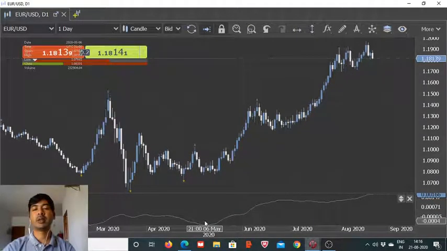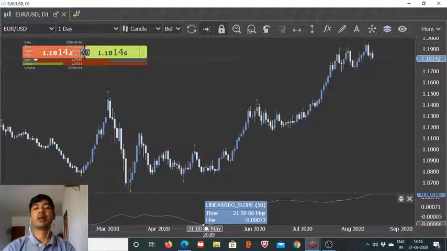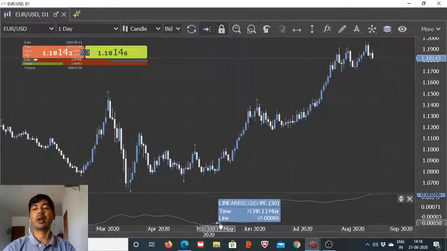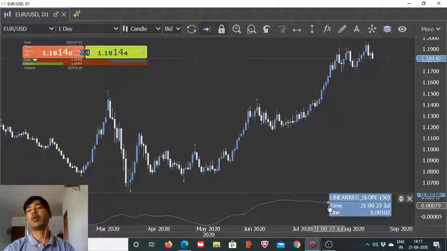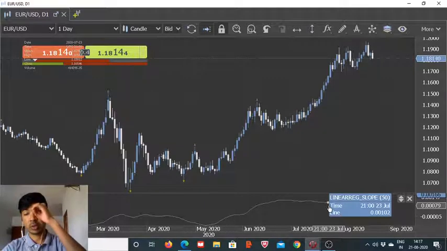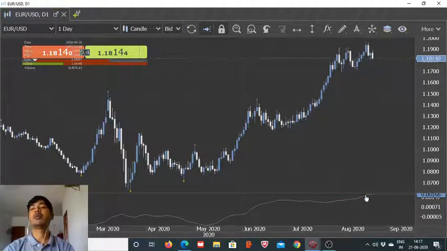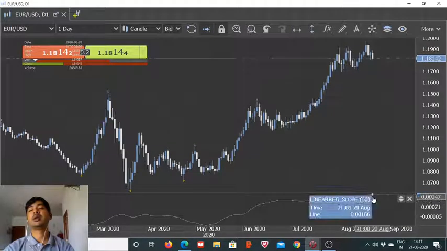So as you can see here, we had the value in negative territory, and then somewhere in the last week of May, we had this linear regression slope value picking up and crossing above zero, and from there onwards it has stayed that course. And again, even now, though it has entered into a correction phase, we are not really seeing the linear regression slope change below zero.